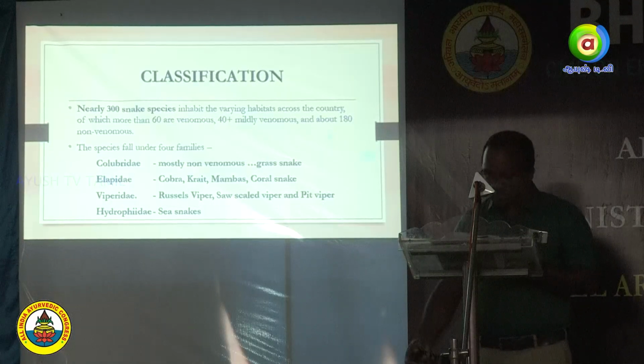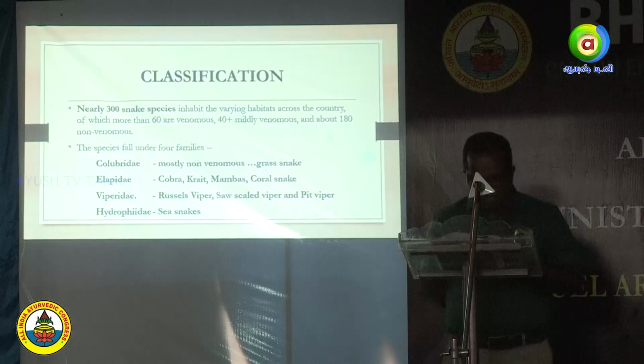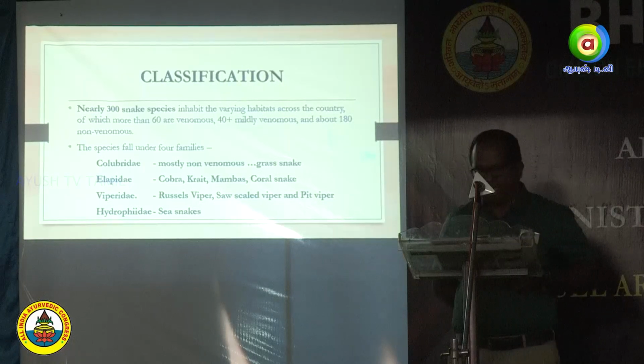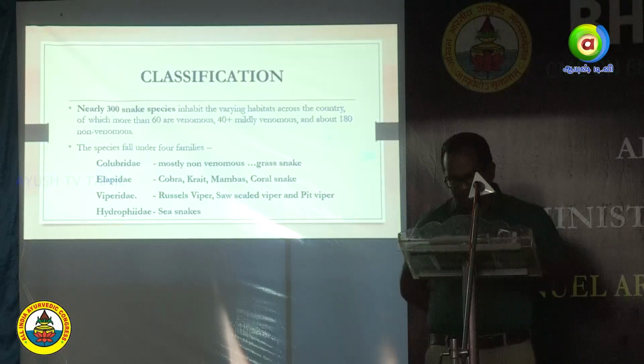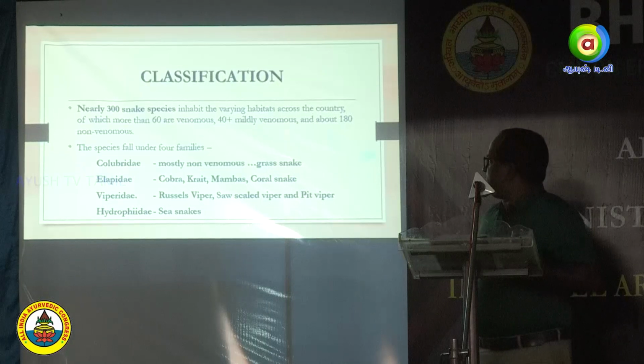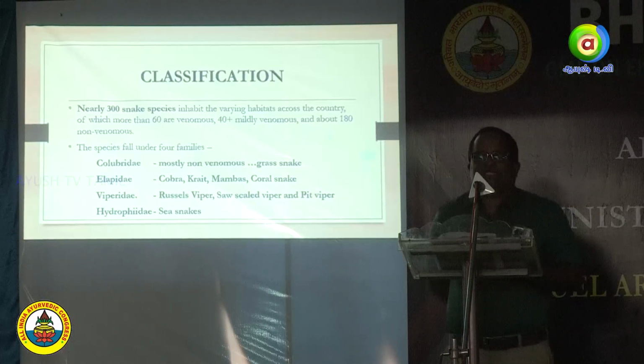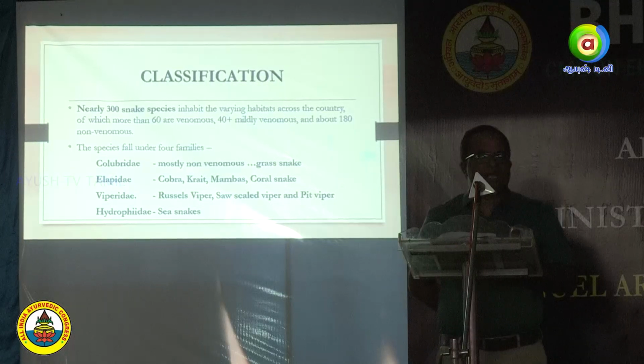The major families are Colubridae, Elapidae, Viperidae and Hydrophidae. Colubridae are mostly non-venomous, like grass snakes, which you see when you play around the grounds.